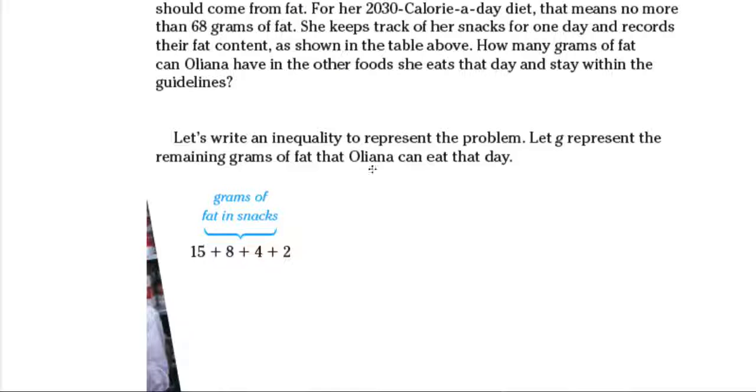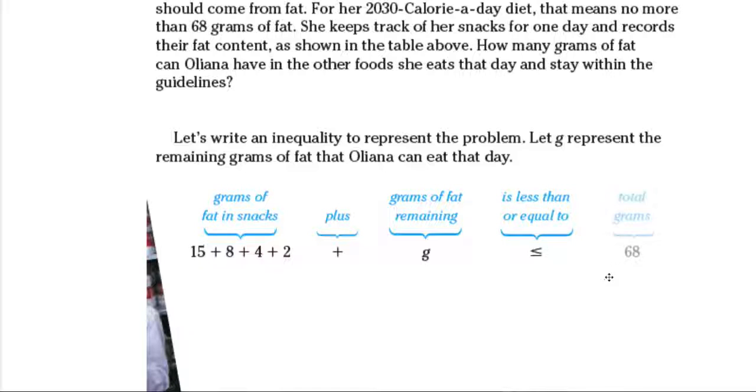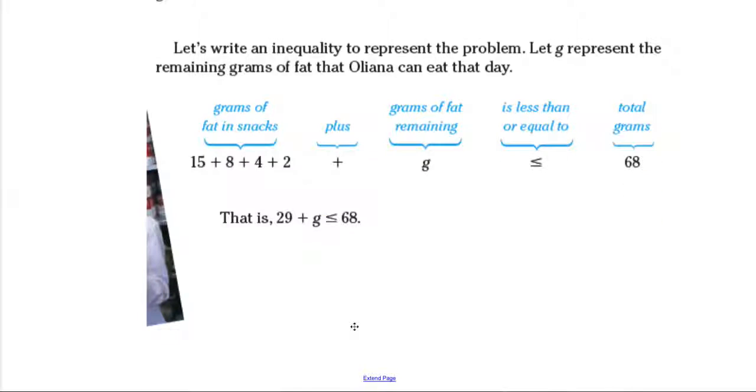That's where you get 15 plus 8 plus 4 plus 2. So the grams of fat in snacks plus the grams of fat remaining, which we represented as G, should be less than or equal to 68. Our inequality would be 29 plus G is less than or equal to 68.